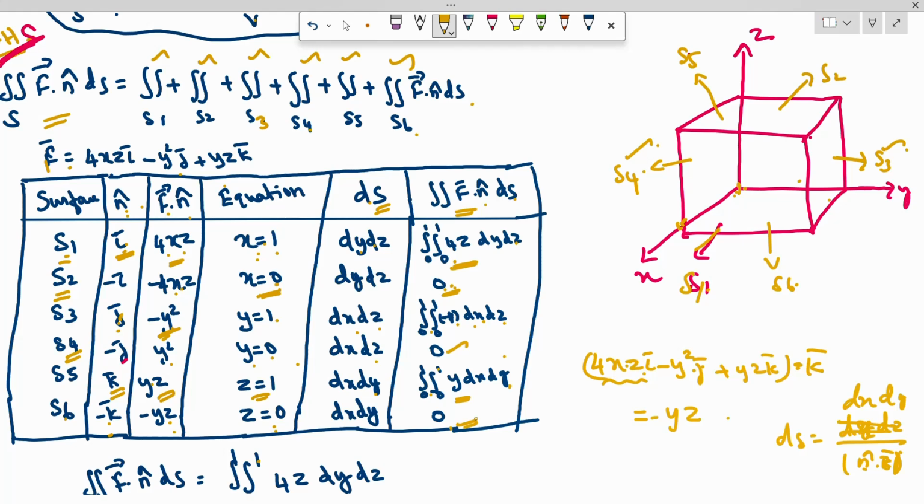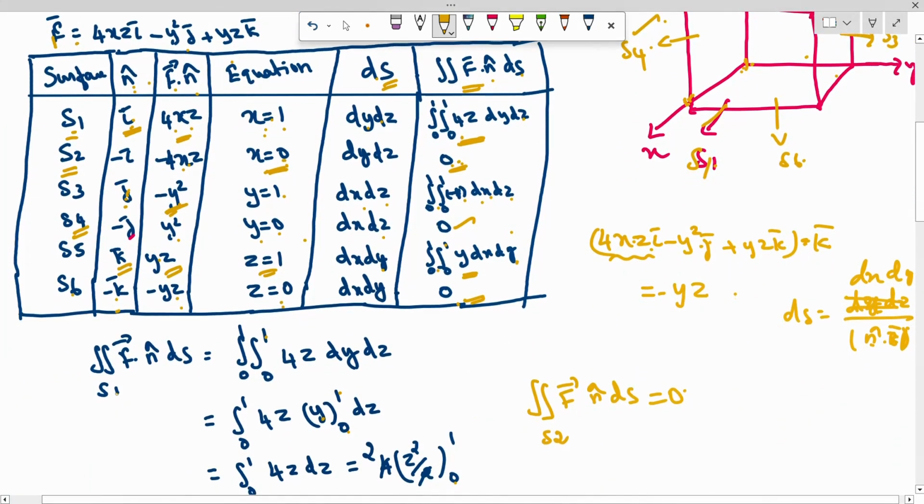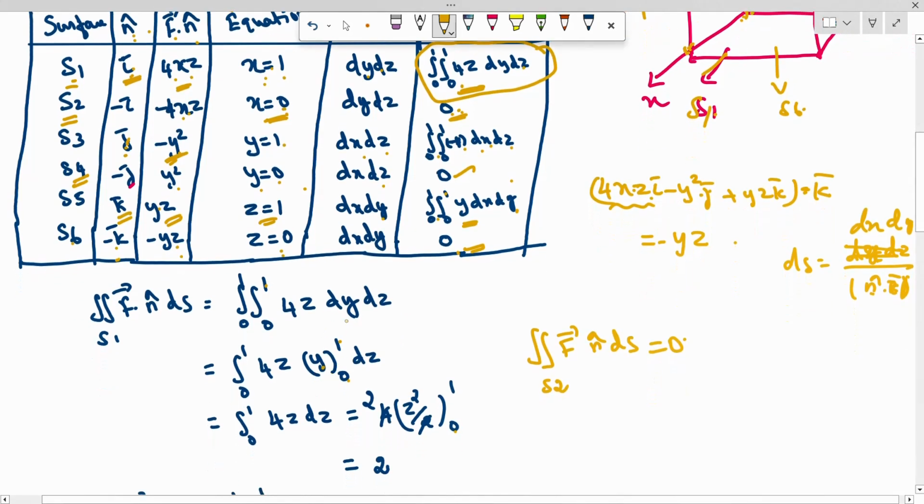Okay. If we form this table, hereafter we can easily integrate. First we can take our surface 1 value. Surface 1, double integral S1 of f vector dot n cap ds. Here we already wrote it. Take this one, 4z dy dz. First integrate with respect to y, dy. Here 4z is constant, so 4z. dy will be y, limit 0 to 1, into dz.